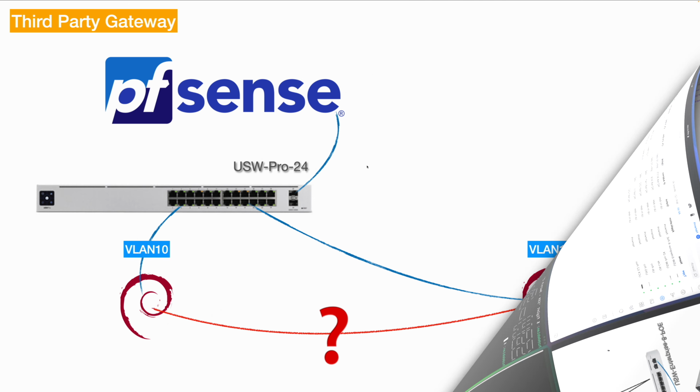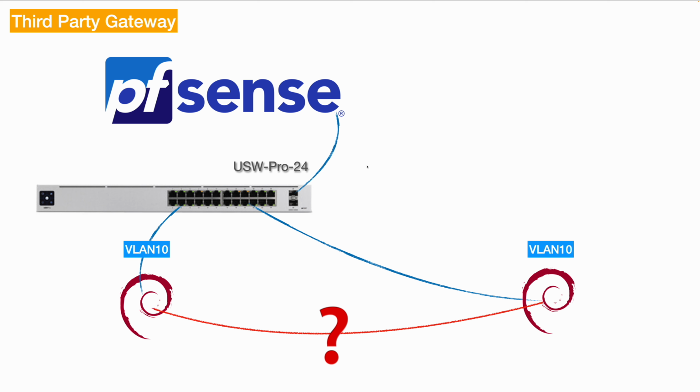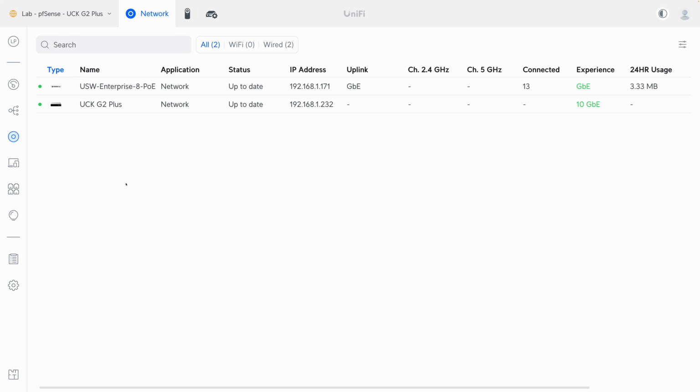Okay? At the end of the video, let me briefly talk about the situation where you run a third-party gateway. For example, in my lab environment, I have a pfSense, and let's see whether we are able to configure the Mac ACL rule in this setup. In the network controller, you can see I have a cloud key and a switch.